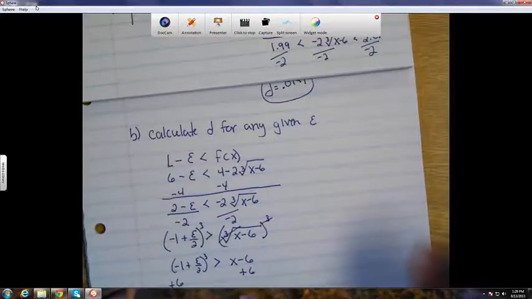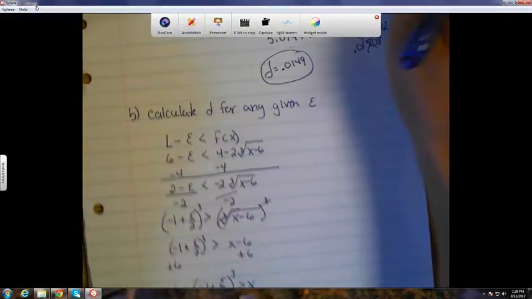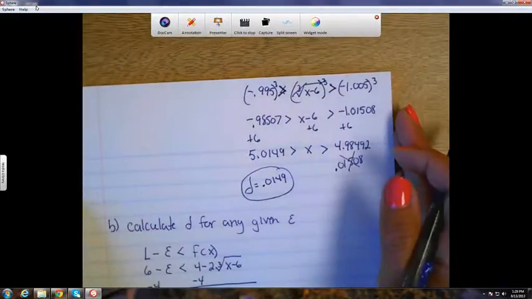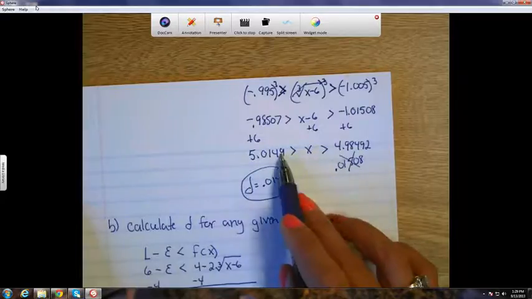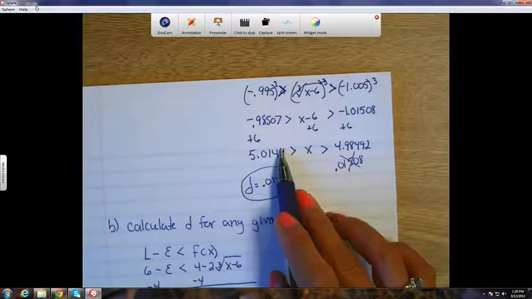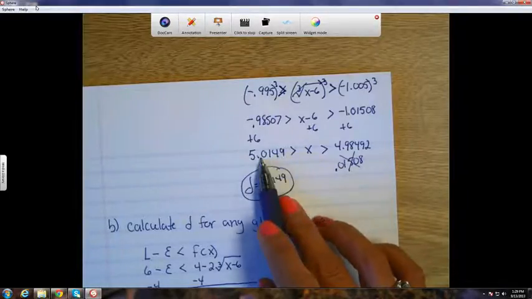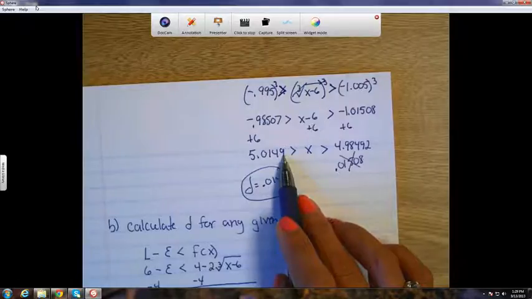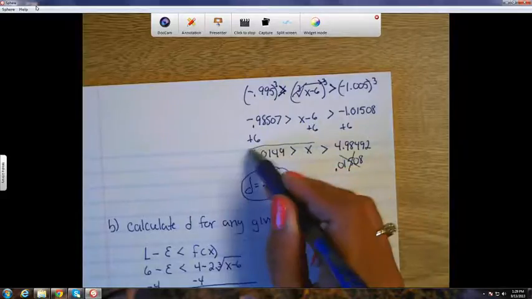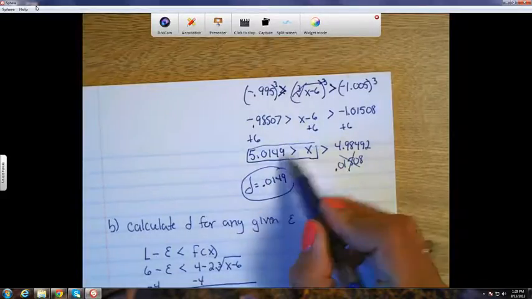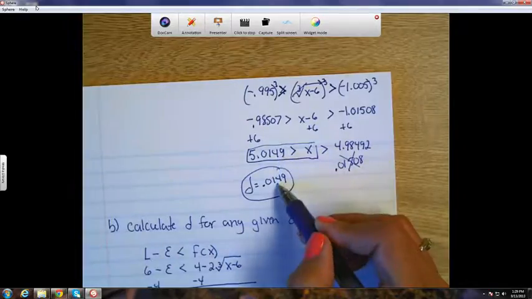Now we are at the spot where we had, right here, 5.0149 is greater than x. If I was to put the 0.01 that I did this problem up here with, if I was to put 0.01 there and crank through this, I would get the 5.0149. But I still need to get delta here. I haven't quite solved for delta. I'm sitting at this spot right here. And what did we do with this number to get to the delta?